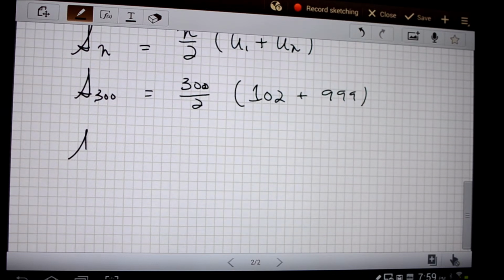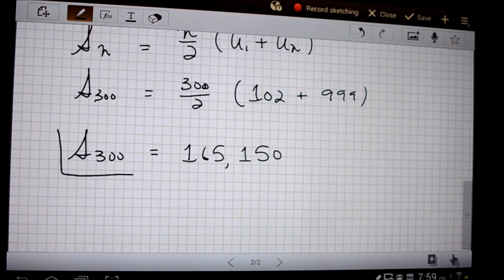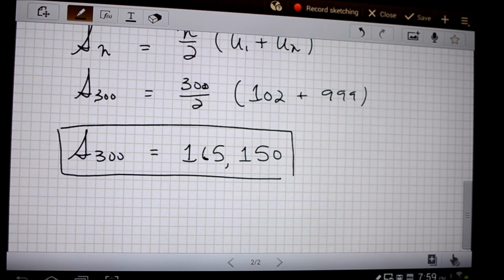So the sum of the first 300 terms is equal to, let's get our calculator out at that point, 165,150.